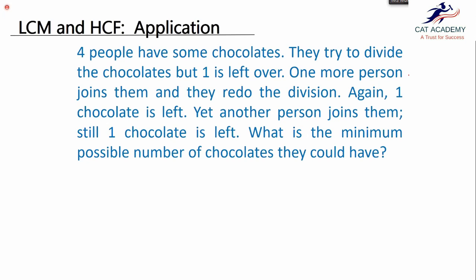So my number of chocolates should be a common multiple of 4, 5, and 6. So what is the common multiple of 4, 5, and 6? No, not 120. 60. LCM of 4, 5, 6 is 60. That means when I took away one chocolate from them, there were 60 chocolates left. But the chocolate that I took away was not mine to take away.